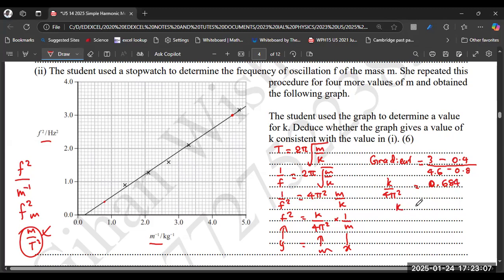So from here we get k equal 0.684 multiplied by 4 times pi squared. 27.0. So F over delta x, that means newtons per meter.